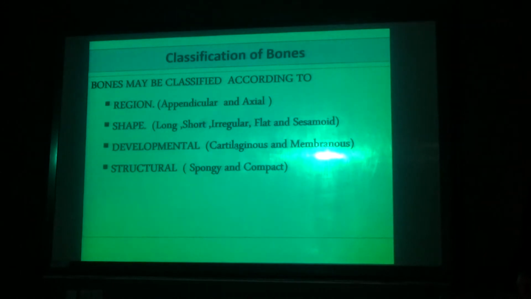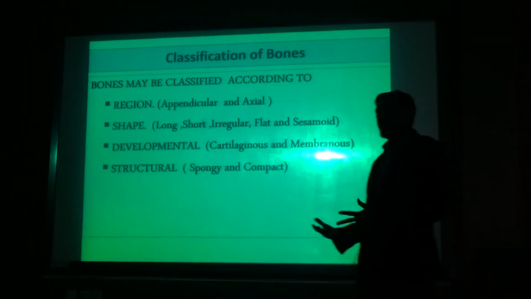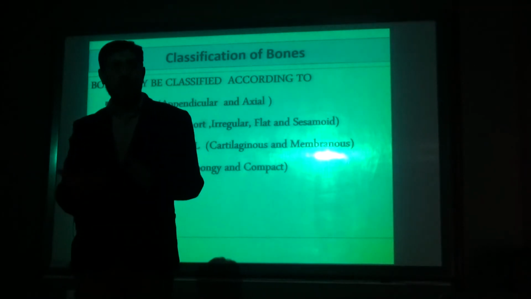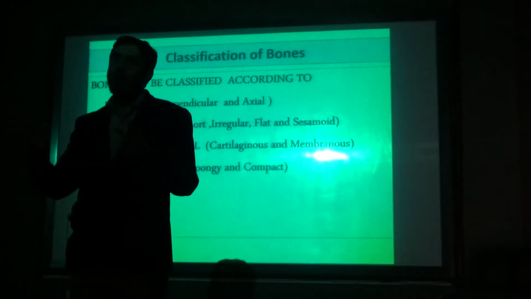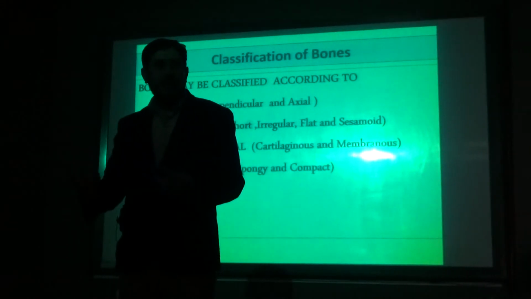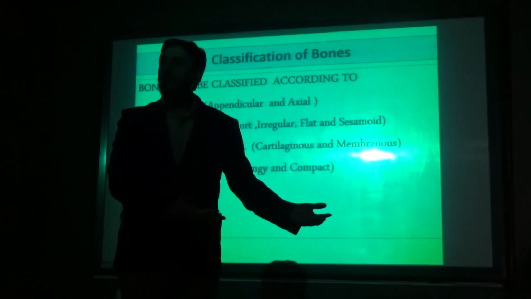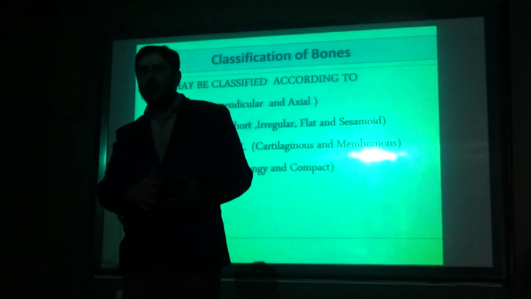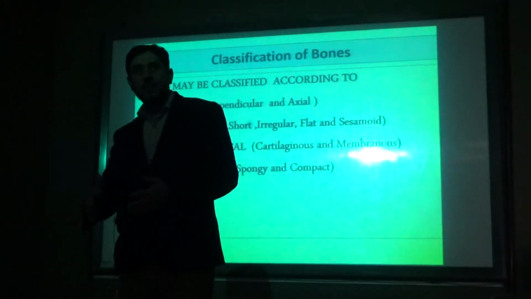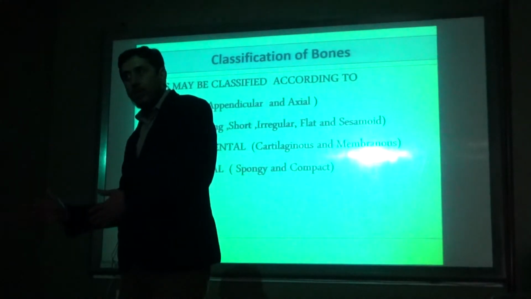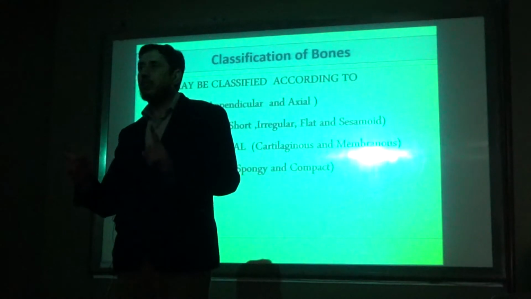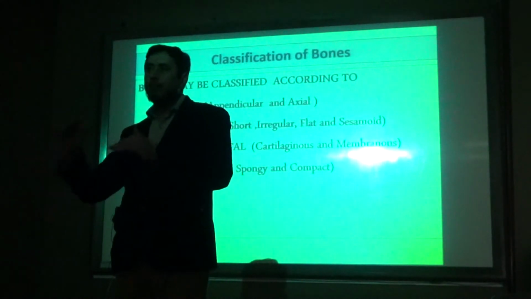What is this developmental? The bones, the bony tissue in our body, in intrauterine life, are initially in the form of cartilage or in the form of membrane. Are you getting my point? And when this membrane or cartilage is converted into bone, this process is known as ossification, means formation of bone from these tissues.